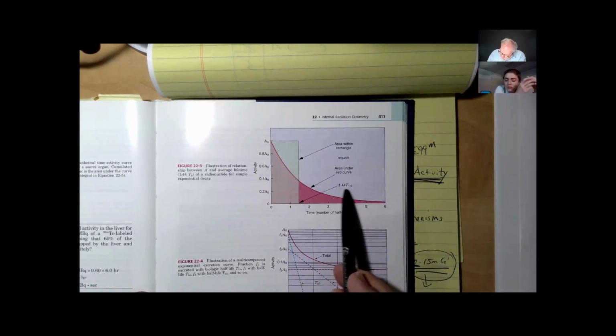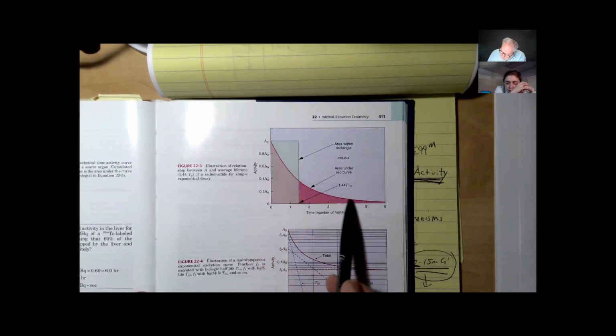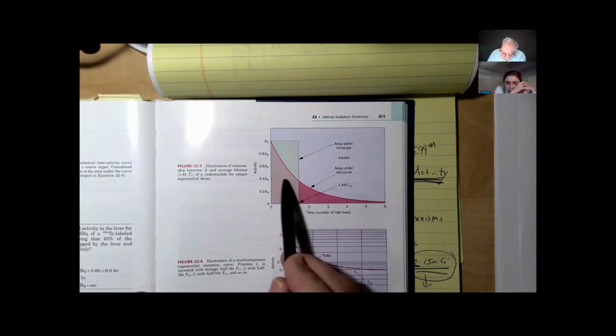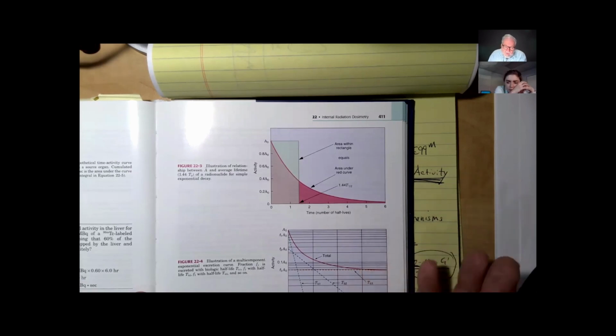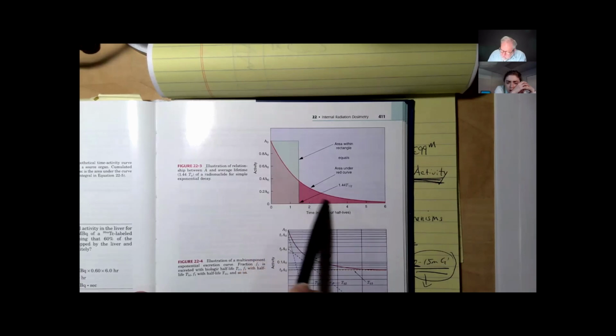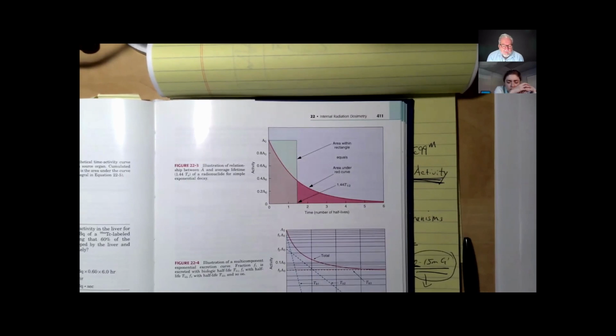This is your average or mean lifetime, and how it relates to the decay. It's always used in the context of the area under your activity curve, activity versus time. That's really the only place that we use it, because it approximates the area under the curve when we multiply by the initial activity.